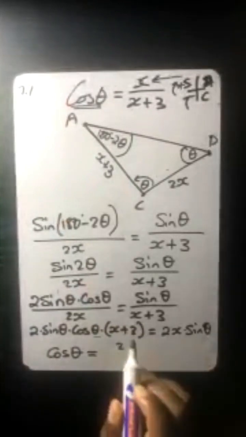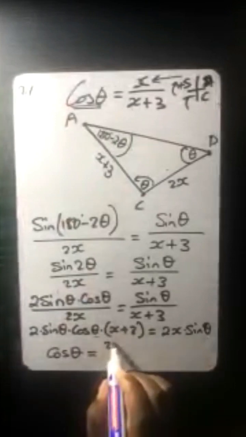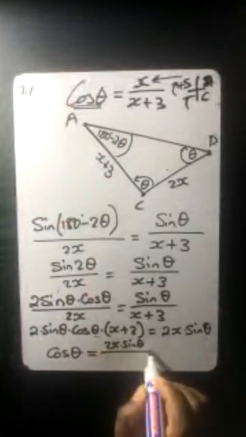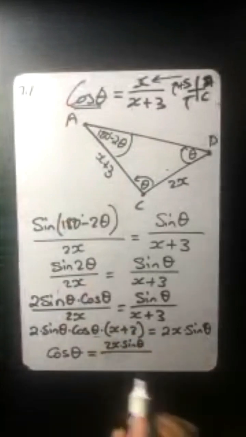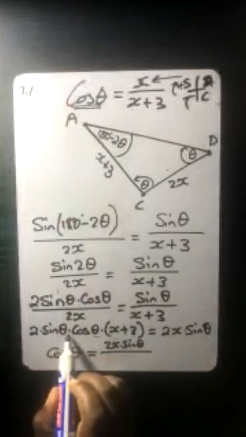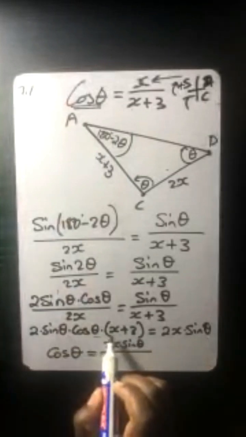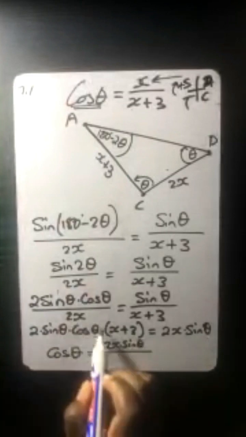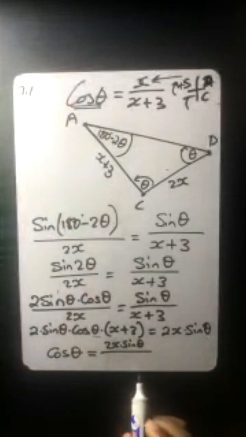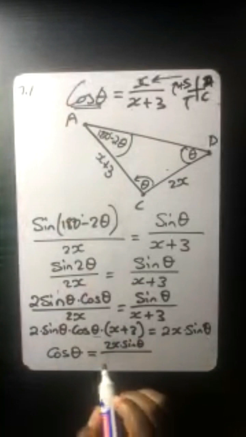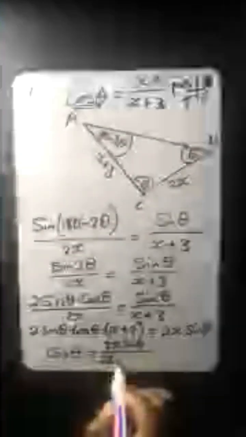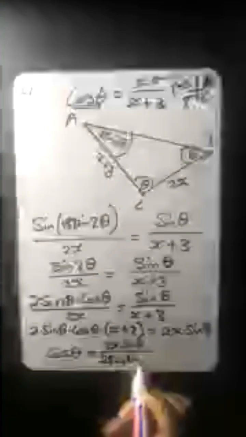Then it equals 2x multiplying sine of an angle, and the whole of that I'm going to divide by 2 sine of an angle, because this is what I'm making the subject of the formula.